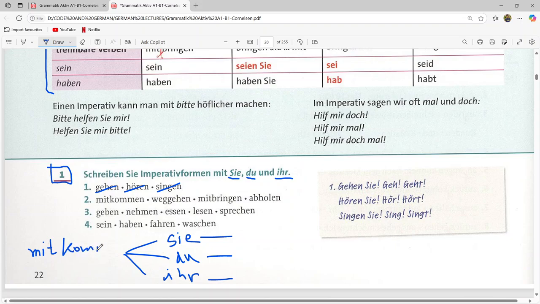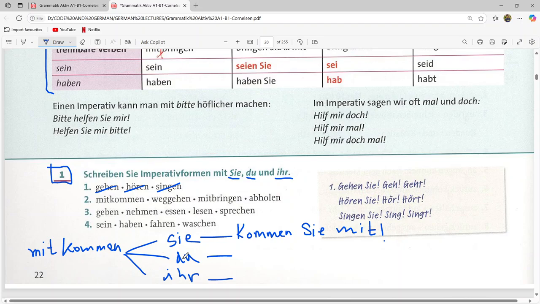In the Sie form we write kommen Sie, and as usual the last part of the trennbares verb in the very end. So kommen Sie mit, right?